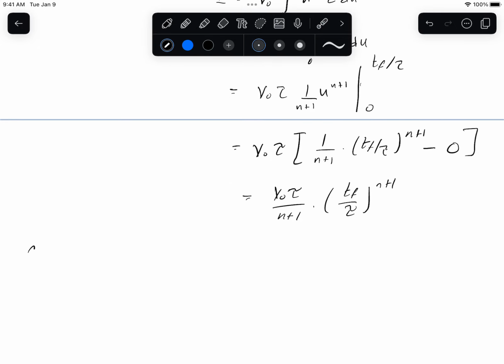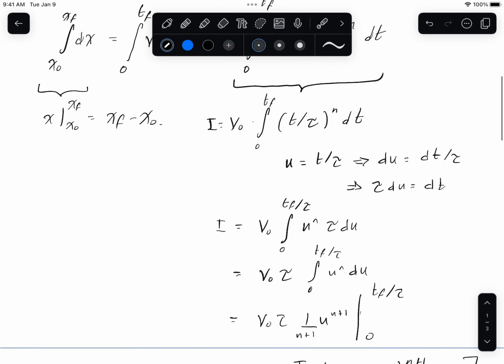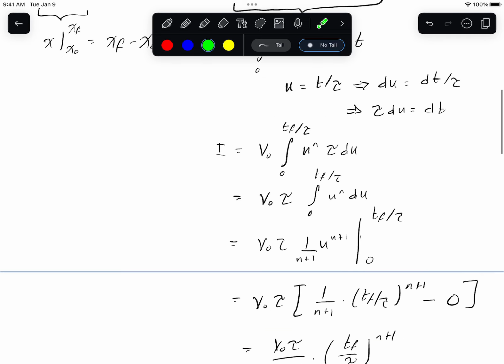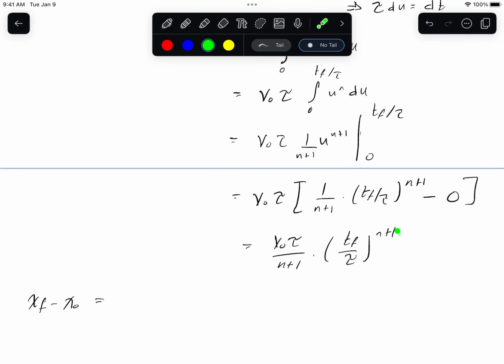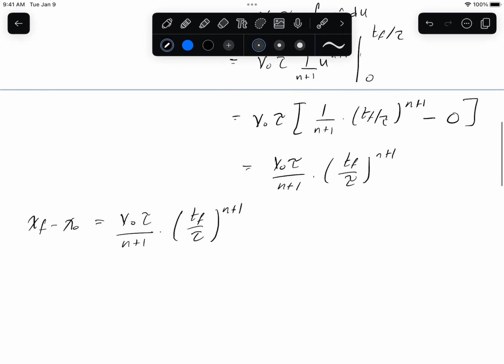The left-hand side, I was left with xf minus x naught. That's this result over here. And for the integral on the right-hand side, that's this result over here. So this is equal to v naught tau over n plus 1 times tf over tau to the n plus 1. And so I can just move the x naught to the other side and have what the final position is.